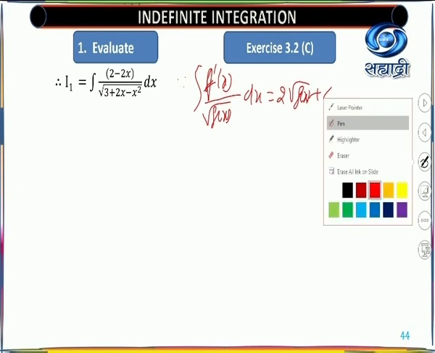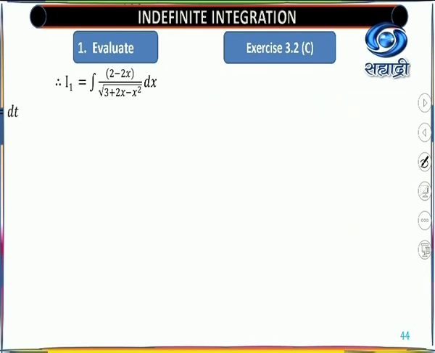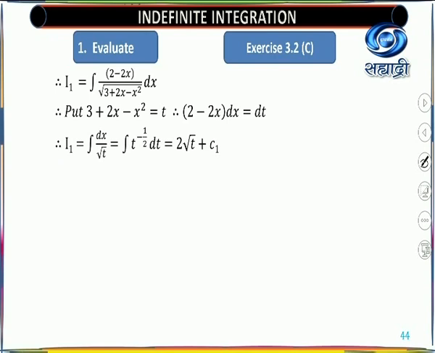So we'll start with our example, that is for the remaining part. Put 3 plus 2x minus x square equal to t. This becomes dt. So you will get this value as integral dt upon root t, that is t raised to minus half dt, which gives you 2 root t.